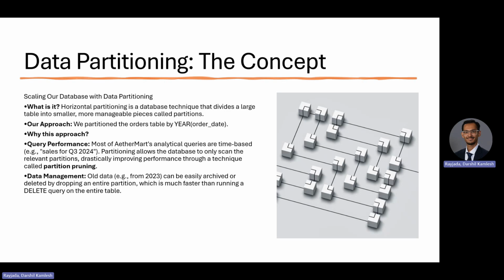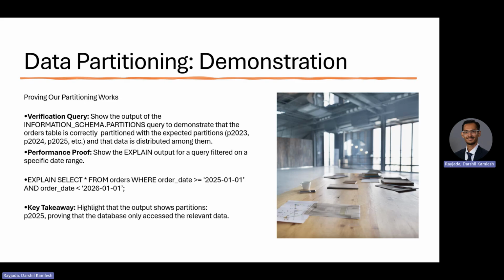This is called partition pruning, and it speeds up queries significantly. So, as I mentioned, horizontal partitioning is a database technique that divides a large table into smaller ones. And I already mentioned the query approach.